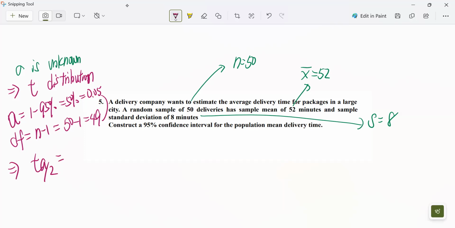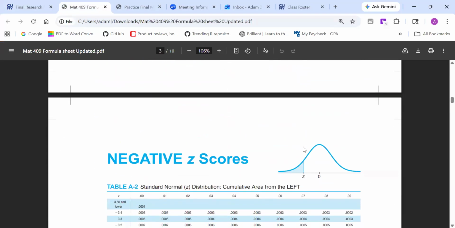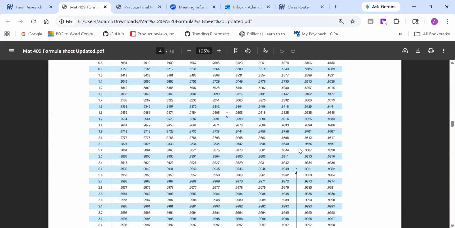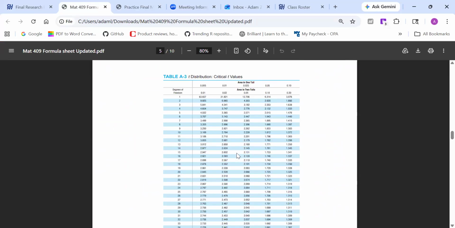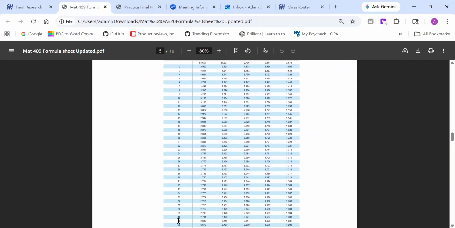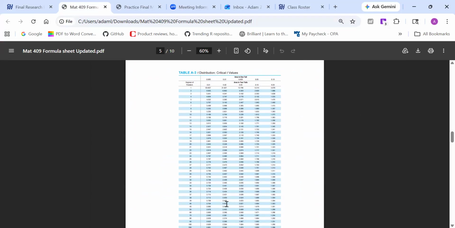So again, we can go back to table A3 for the t-distribution. For degree of freedom, we don't have an exact match here, but there's a close one, which is 50. 49 is close to 50, so we can use 50.